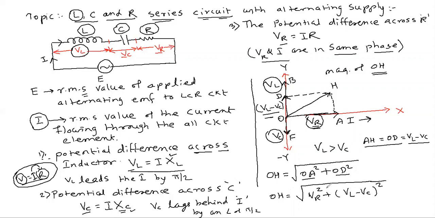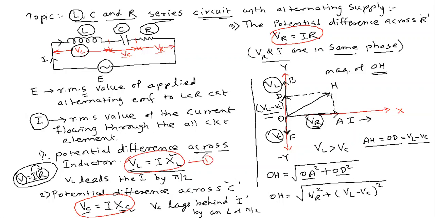So now, what is the value of VR? Just focus here. VR is nothing but your IR. VC is I into XC and VL is I into XL. Now I will use these three values.